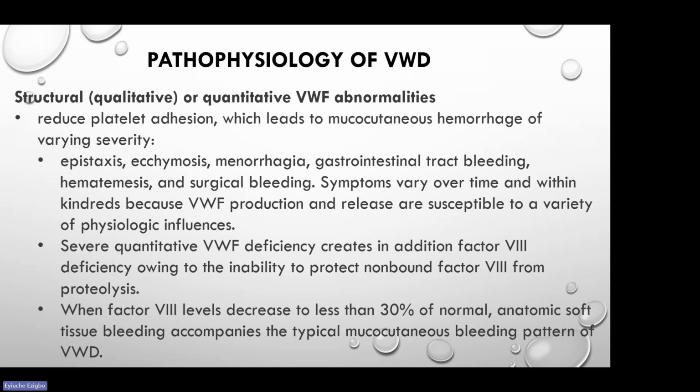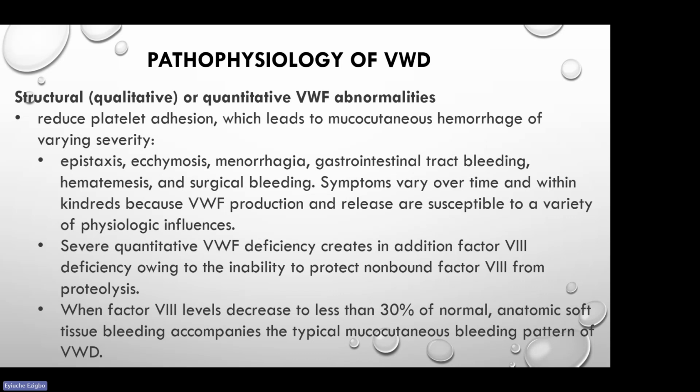Under this pathophysiology, we'll be able to also show the various types, because the various types are actually von Willebrand disease. So while discussing the pathophysiology, we can discuss the various types of the disease.